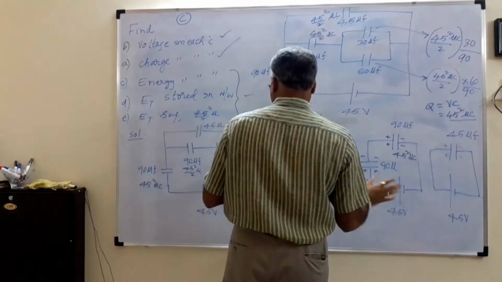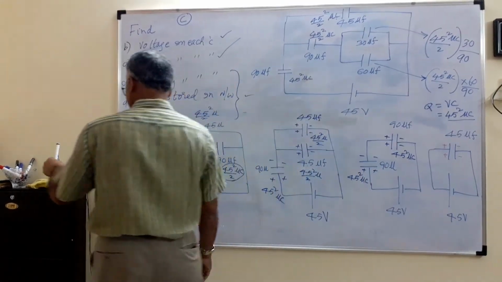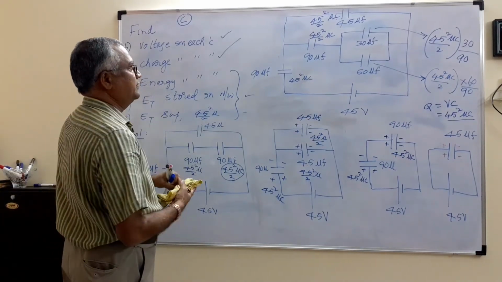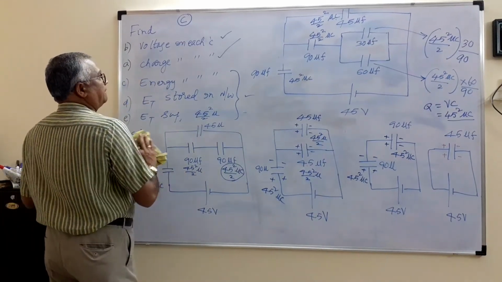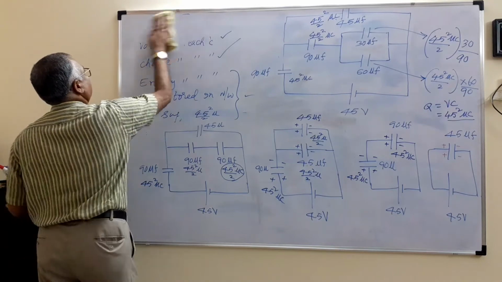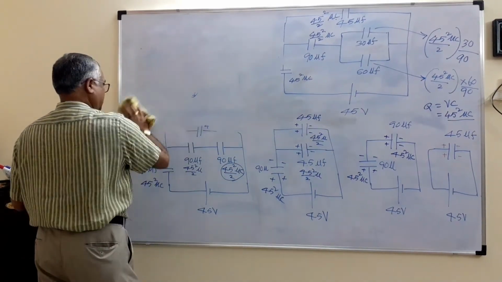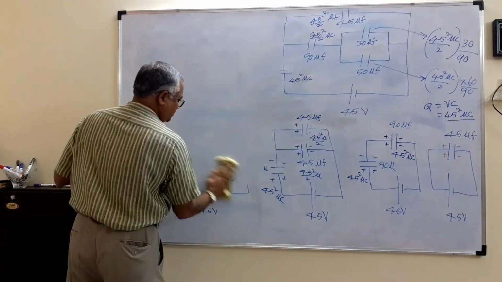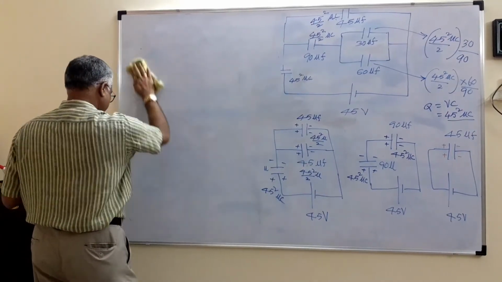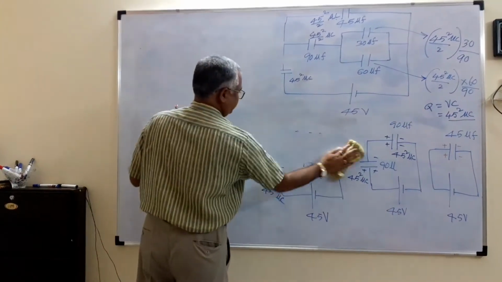So this is how we analyze a capacitive network. So resistive over, capacitive over, next inductive network.